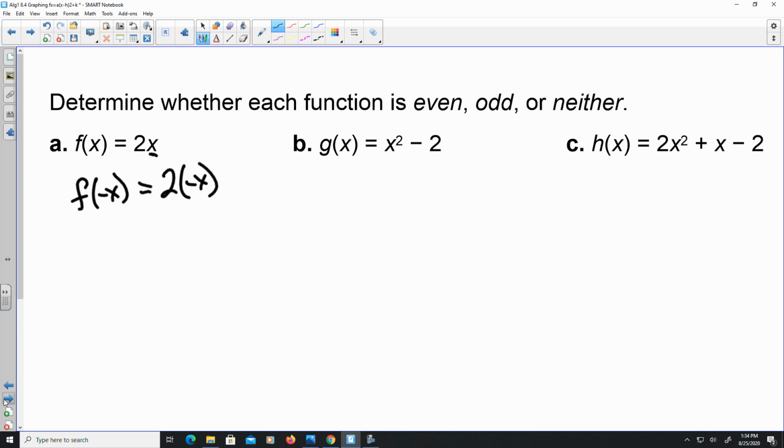I like to put parentheses on there to enclose it, to let you know that that substitution is taking place. Once you go through the setup, you can notice that 2 times negative x is just negative 2x. Now, looking at the relationship between 2x and negative 2x, they are opposite. Since they are opposite, we can say that this is an example of an odd function.